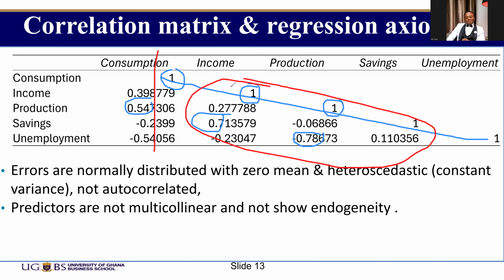So multicollinear, write it down. Multicollinearity occurs when two independent variables are so highly correlated that it becomes difficult to disentangle the partial effect of one from the other on the dependent variable. In other words, multicollinearity happens when two predictors are very close to each other in their values.